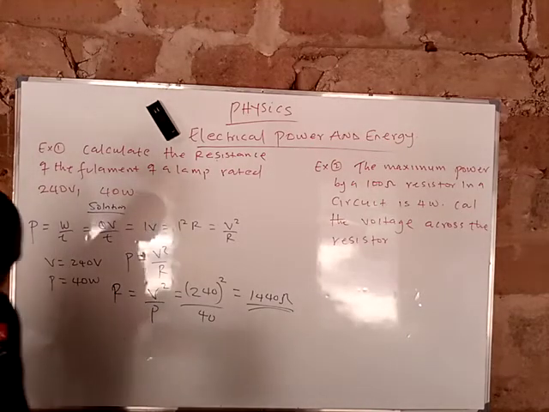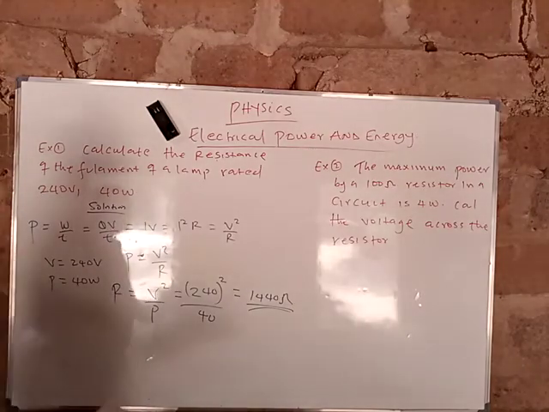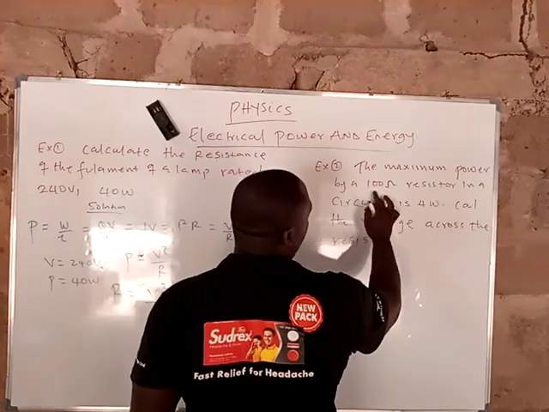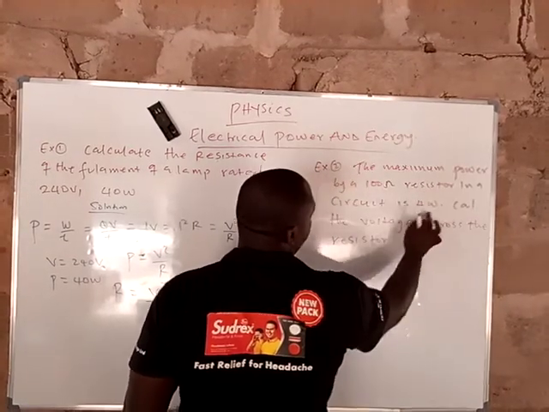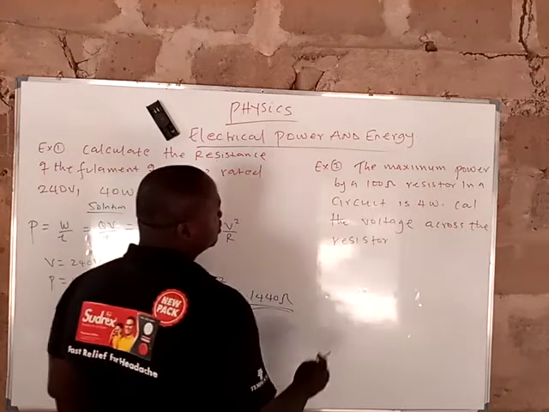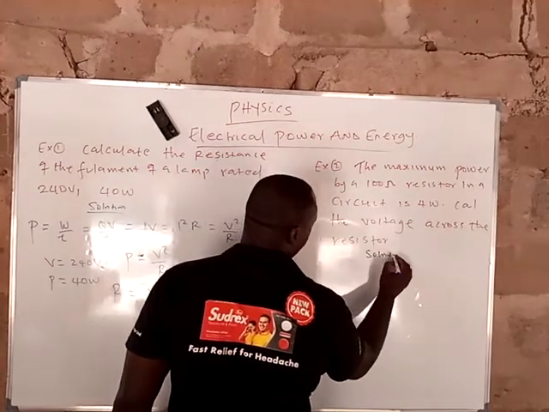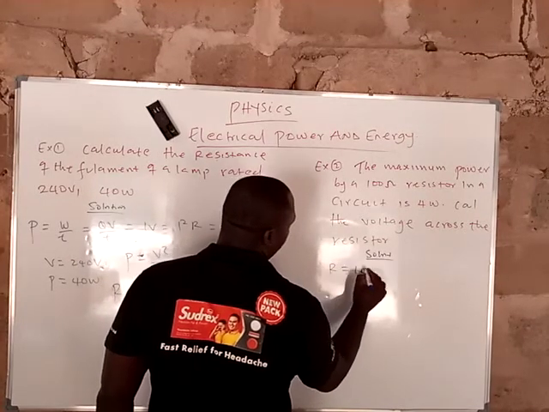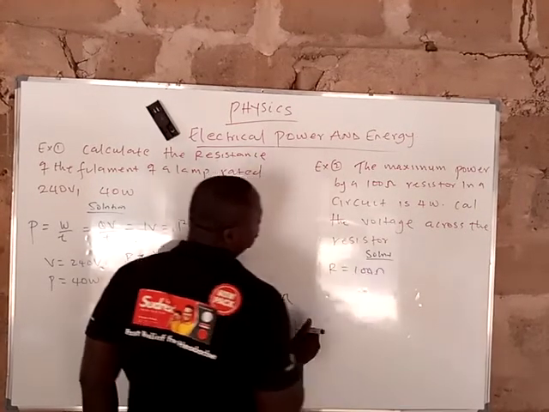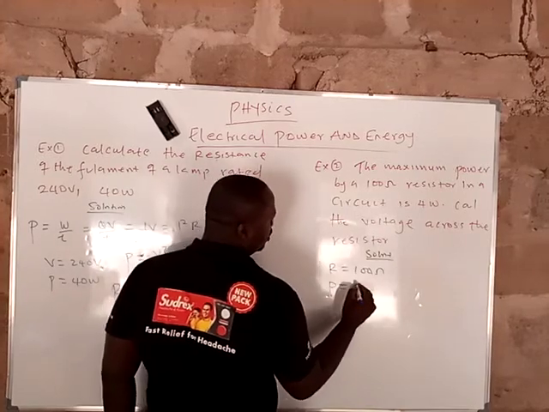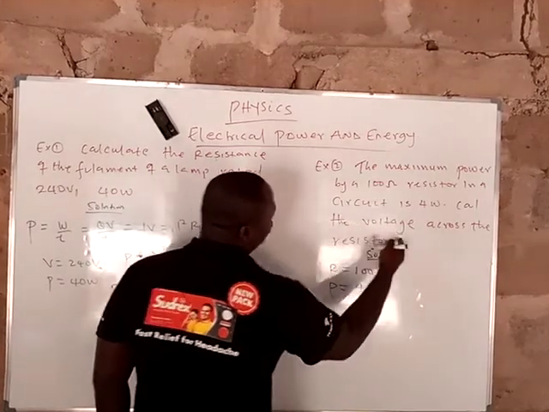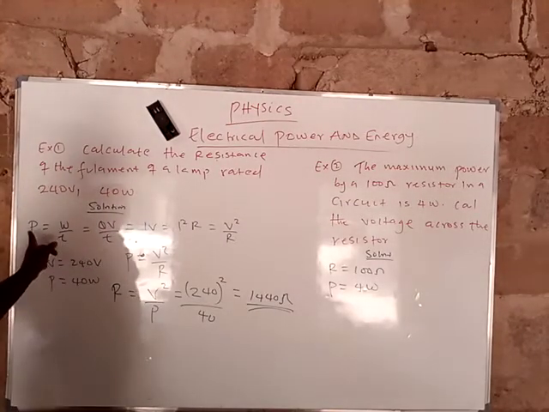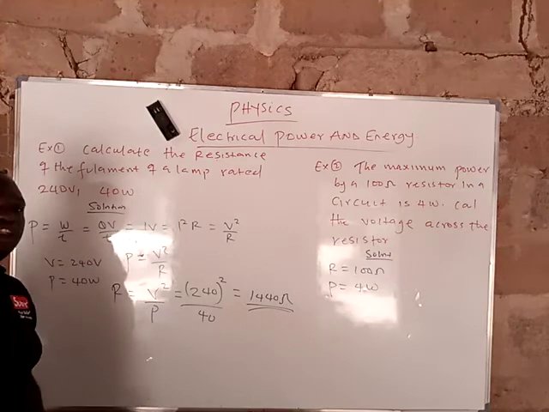We are in example number 2. The maximum power rating of a 100 ohms resistor in a circuit is this. Calculate the voltage. Now, this is our solution. You have a resistance of 100 ohms, your power is 4 watts, and they want you to calculate the voltage. What formula do you think is going to work out?